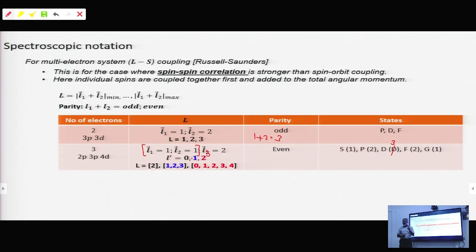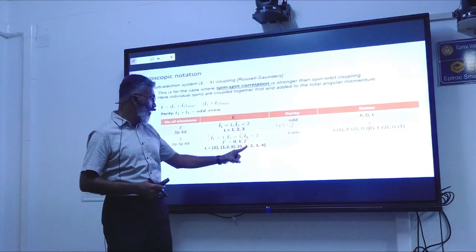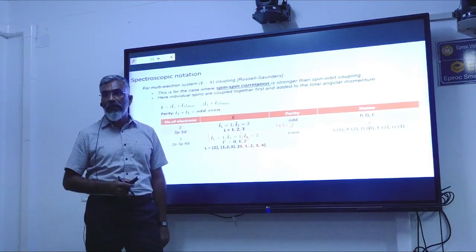When you take 1 and 2, the minimum is 1, the maximum is 3. So 1, 2, 3. Then we take 2, and 2 minus 2 is 0, 2 plus 2 is 4. So 0, 1, 2, 3, 4. So these are the states for L. And you can see that there are S, P, D, F, and G. Okay? Is that clear?